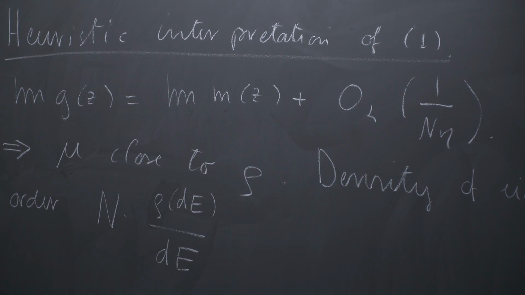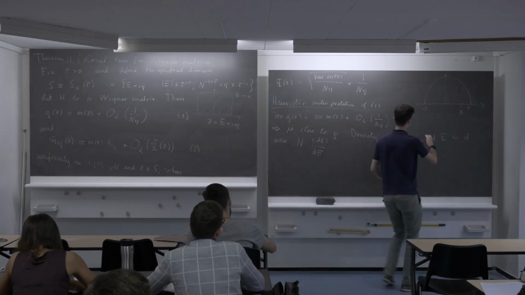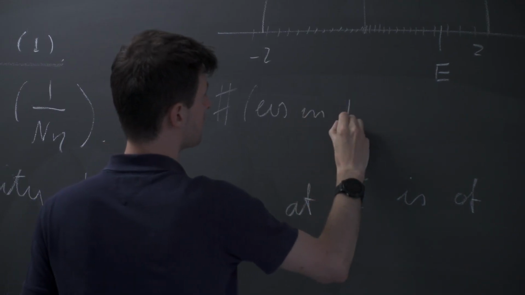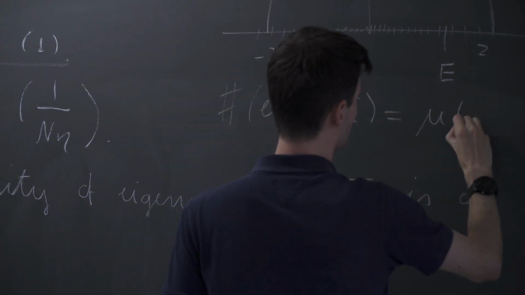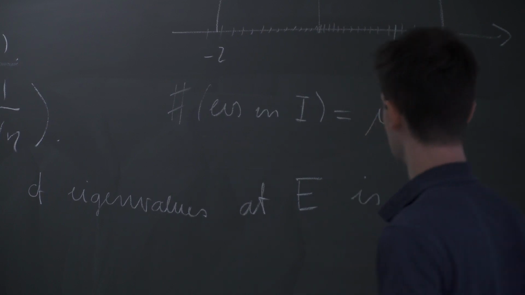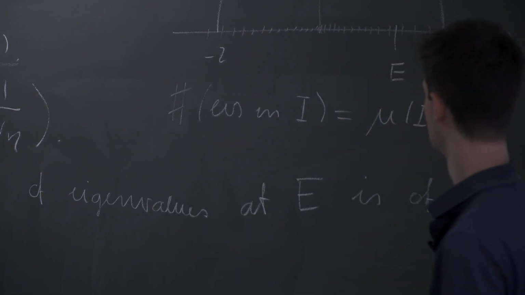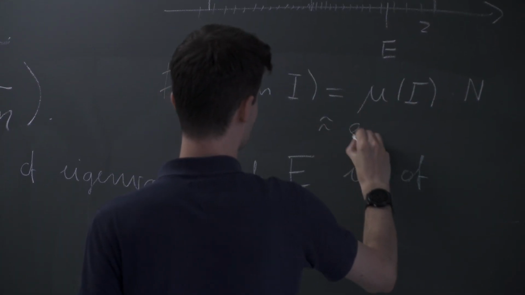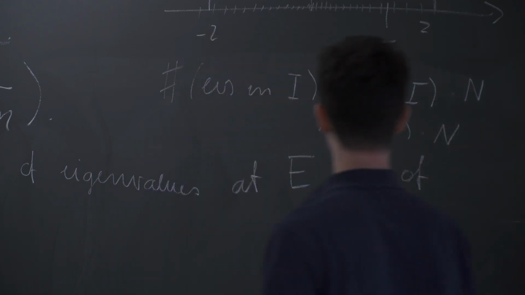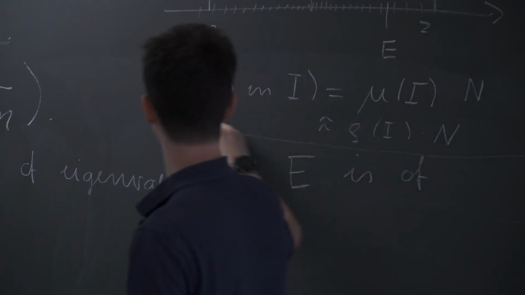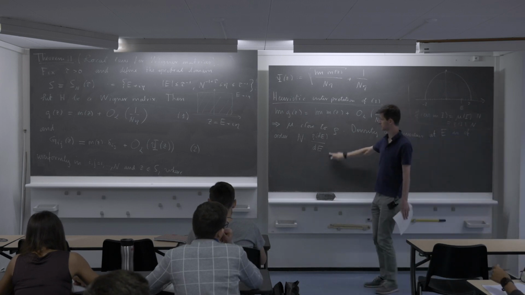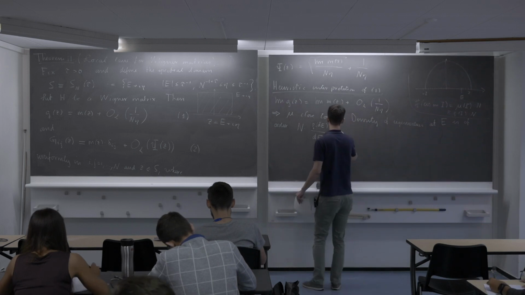So the number of eigenvalues, if you want to be a bit more precise, the number of eigenvalues in some interval I is equal to mu of I times n. That's by definition the number of eigenvalues in the interval I. And now if I say that this thing is approximately rho of I times n, so if I want to find out the density, I divide both sides by the length of I. So this is the density of the eigenvalues, and now I can compute.